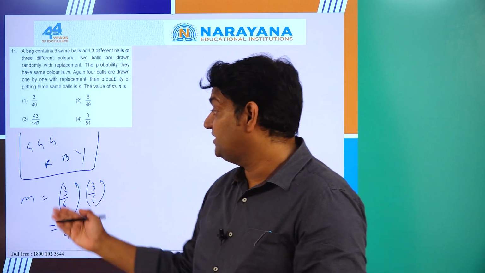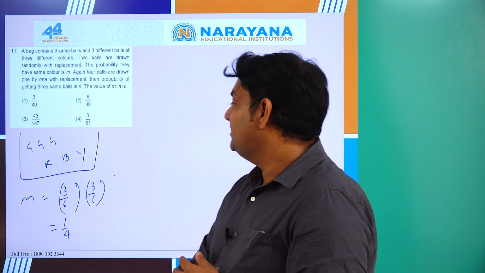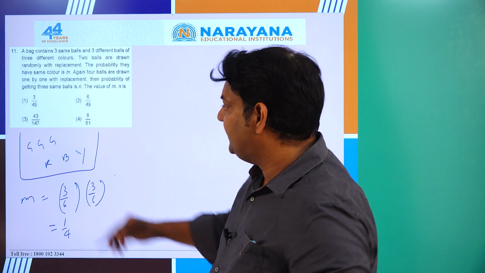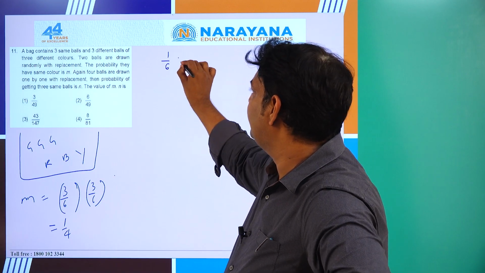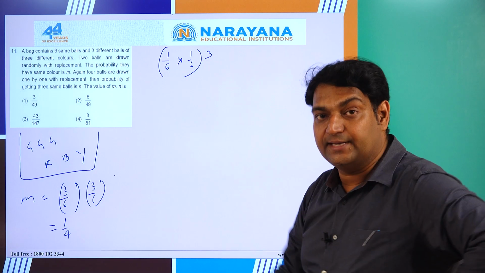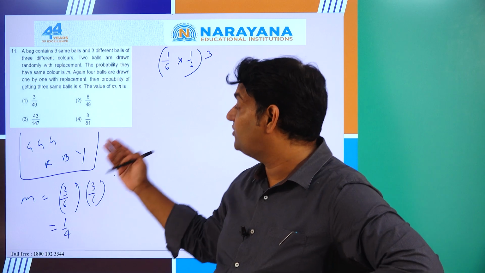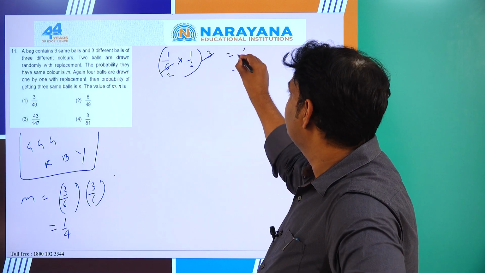But it is also possible that red, blue or yellow comes out. For red, one favorable case, total cases 6. Again one favorable case, total 6. But this happened 3 times, same for blue, same for yellow. 3 ones, 3 twos, 6 twos are 12.